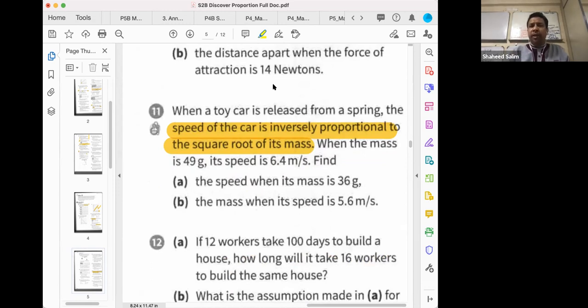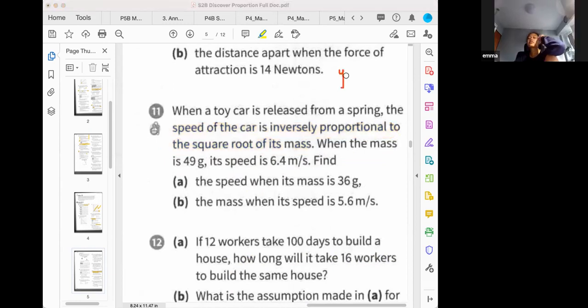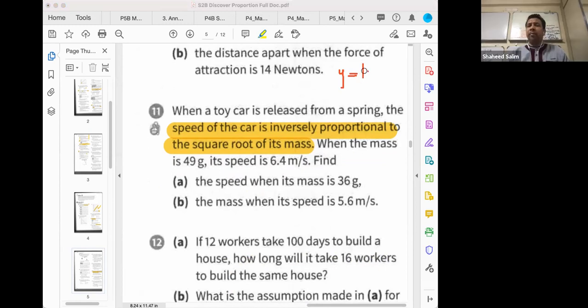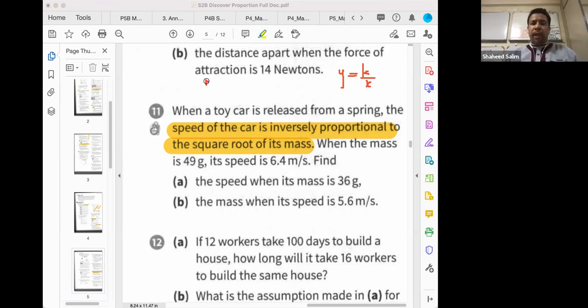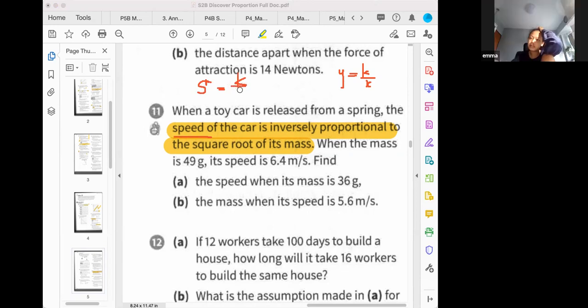Generic formula, you give me generic formula, y equals k over x. Okay, we start with what we know. Mass, we put m. Speed, no, down here, speed. So I put s equals k over root m.